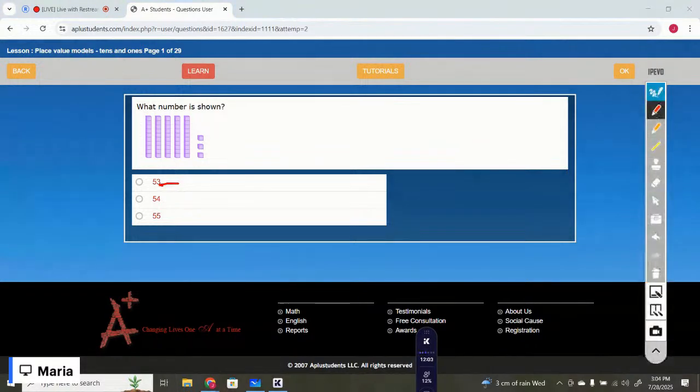Which number is shown? So we have 1, 2, 3, three ones, and 1, 2, 3, 4, 5, five tens, right? We have five tens and three ones, right?